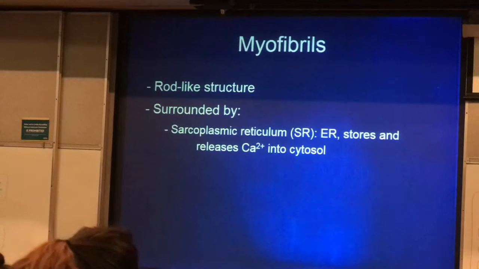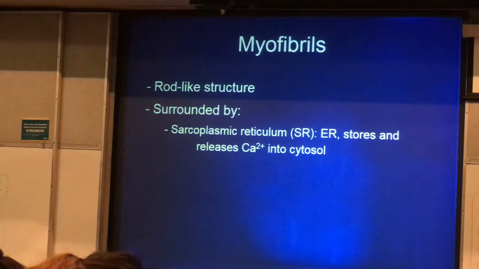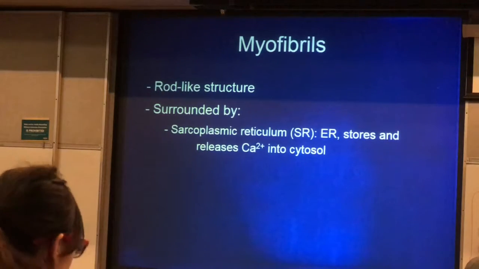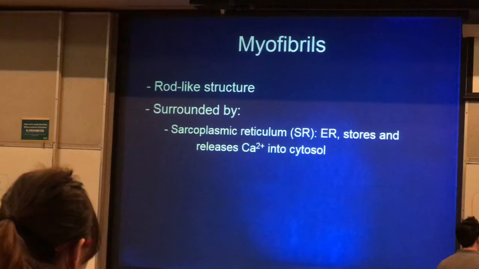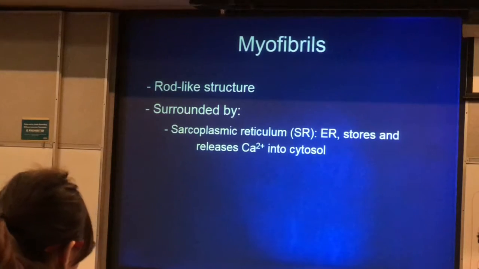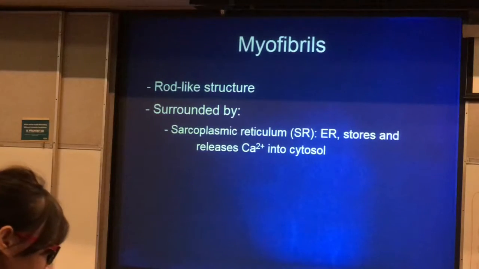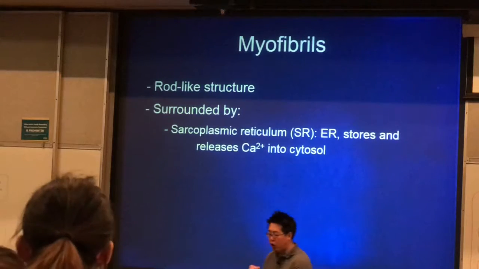So this is your sarcoplasmic reticulum, all over all of these, okay, so same idea. Wrapped all over here, okay, etc. Green dot here. There you go. So that's going to be your sarcoplasmic reticulum.